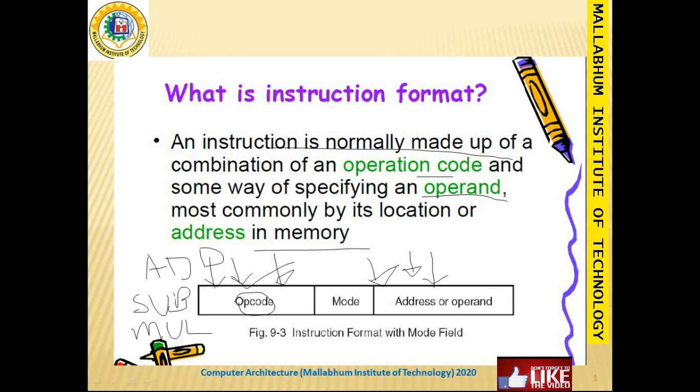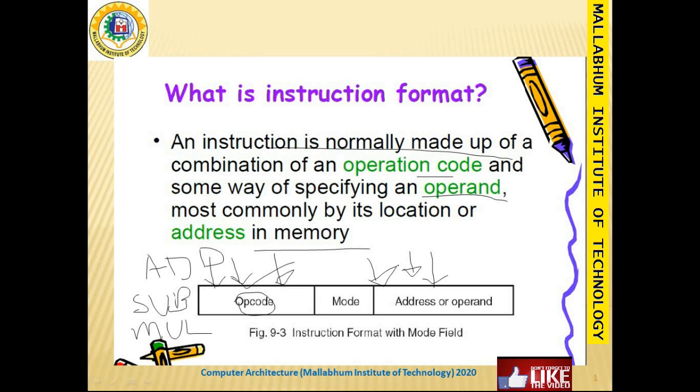This field specifies the method to get the operand or the effective address of an operand. In some computer instruction sets, the opcode itself explicitly specifies the addressing mode used in the instruction. A computer has various addressing modes, which will be discussed in the next section of the lecture.